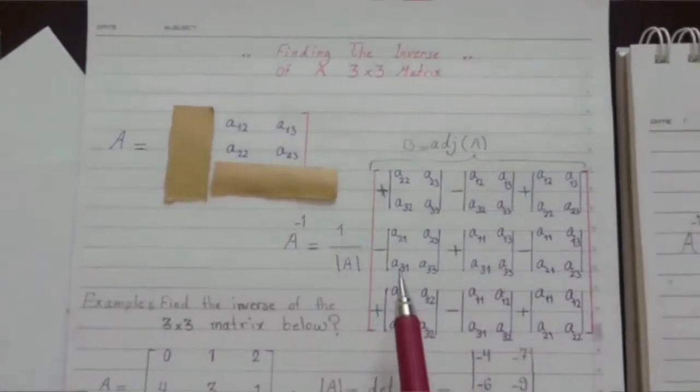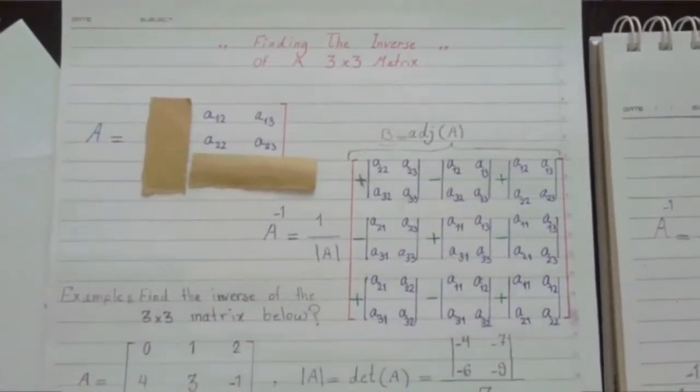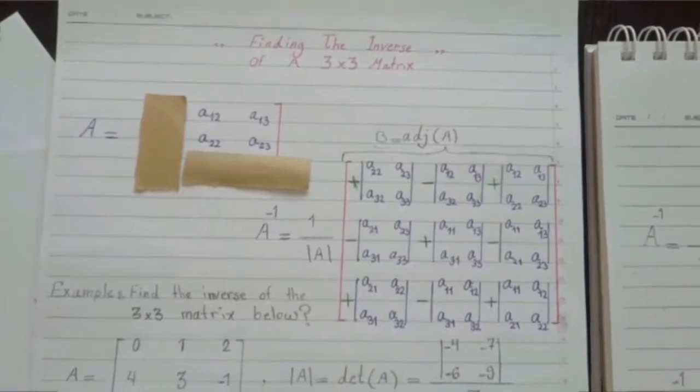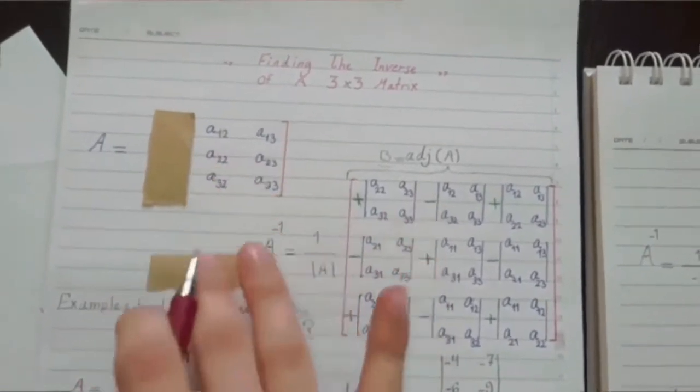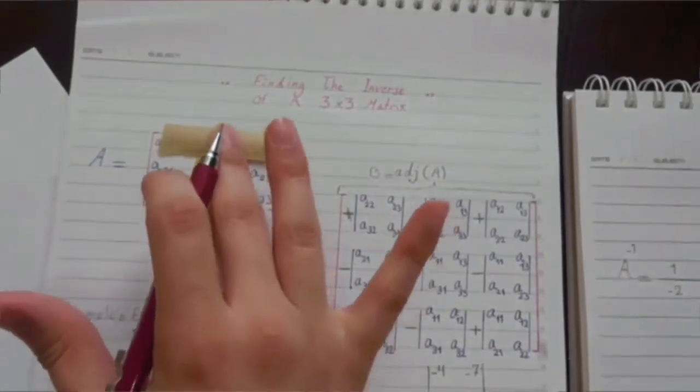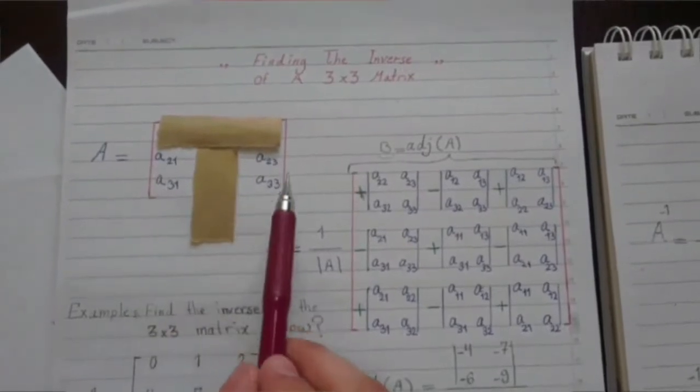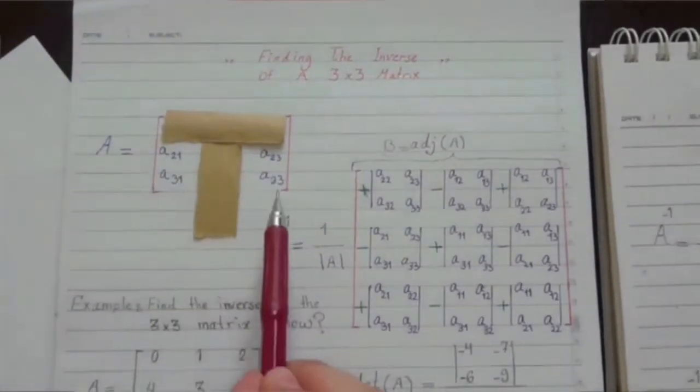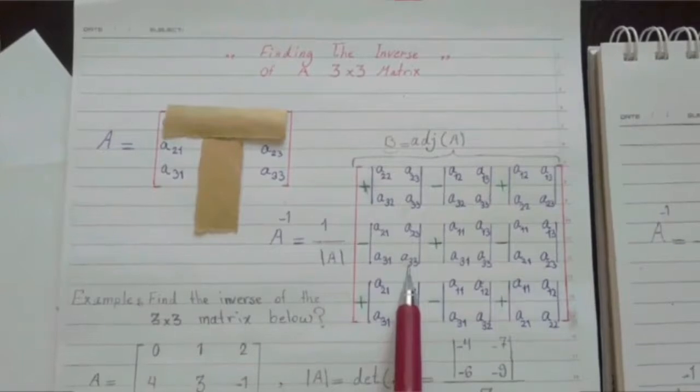The entry B sub 2 1 is equal to the determinant of our matrix of ignoring the second column and the first row that we are left with, which is equal to A2 1, A2 3, A3 1, and A3 3 here.